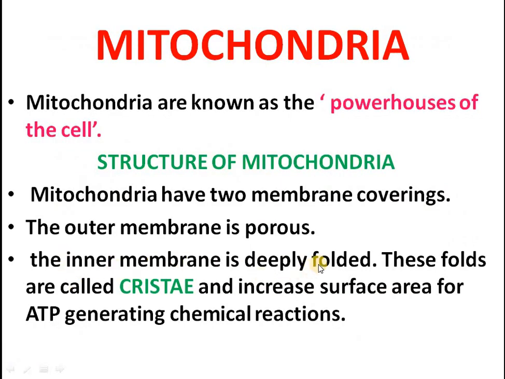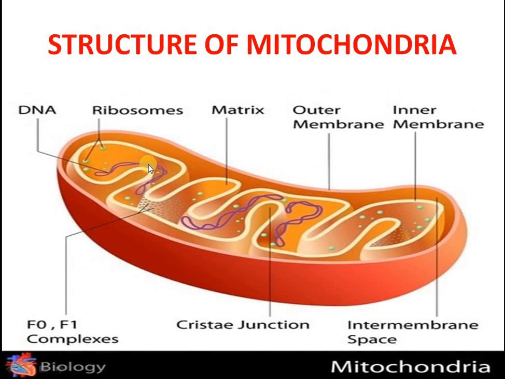The inner membrane is deeply folded, and these folds are called cristae and increase the surface area for ATP generating chemical reactions. Means inside this inner membrane, which has folds known as cristae, the ATP generating chemical reactions take place, so that ATP could be produced, which is used by our body for various activities.